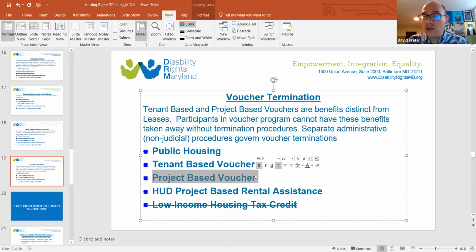And so you may get two notices, one about the voucher termination, one about the eviction, and it can be very, very confusing for residents because they may come at the same time, they may not come at the same time, they may run concurrently, they may not run concurrently. So it's a little hard to figure out if you're getting all this paper and you're not really well versed in how all of these programs operate together. So it can be overwhelming for people.